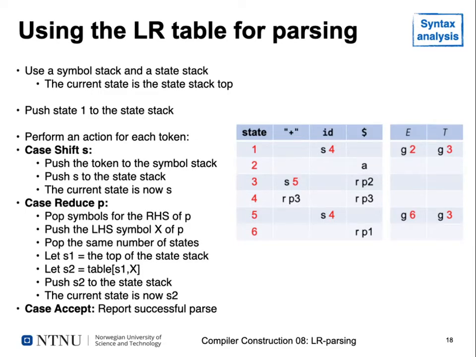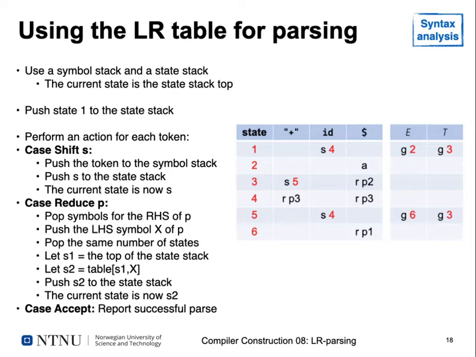So what we do here is we use a symbol stack and a state stack, and the current state is the top of our state stack, and we push state 1 to our state stack, and then we perform an action for each token. In case of shift, we push the token to our symbol stack, like here or here, push our state to the state stack, and then the current state is S. In the case of reduce, we remove all the symbols on the right-hand side of the production from our stack.